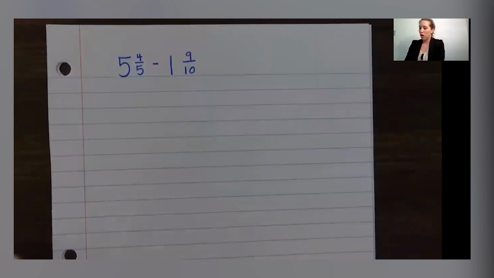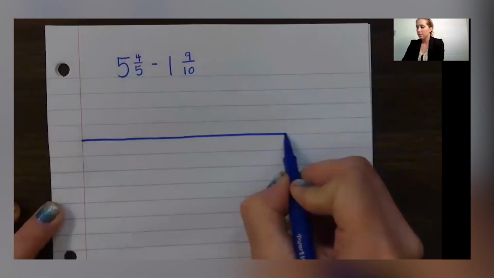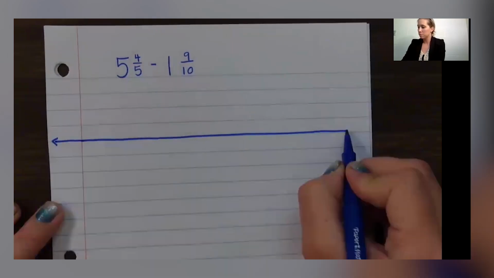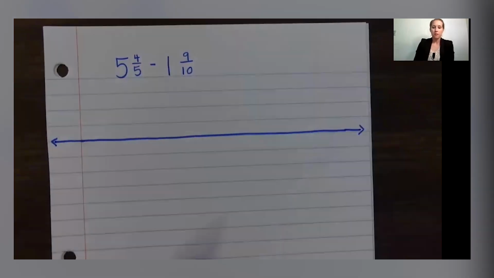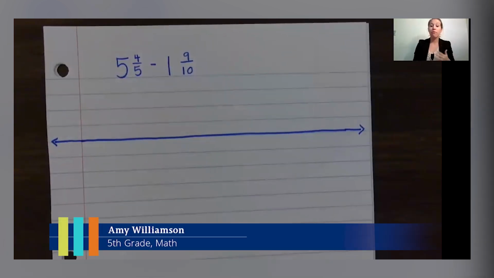Now let's start by drawing a number line. Look at the first fraction. Between what two whole numbers does 5 4/5 fall between? Right, between 5 and 6. So we need to be sure to include 5 and 6 in our number lines.